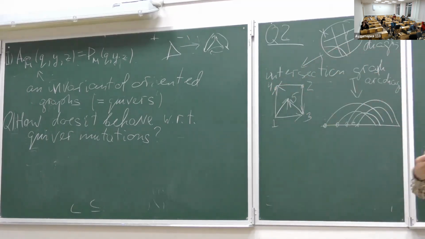In this way we obtain an oriented graph, and it happens that some invariants related to this oriented graph become weight systems.